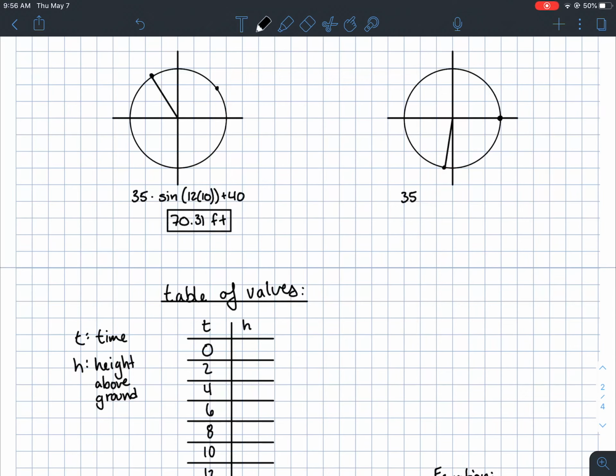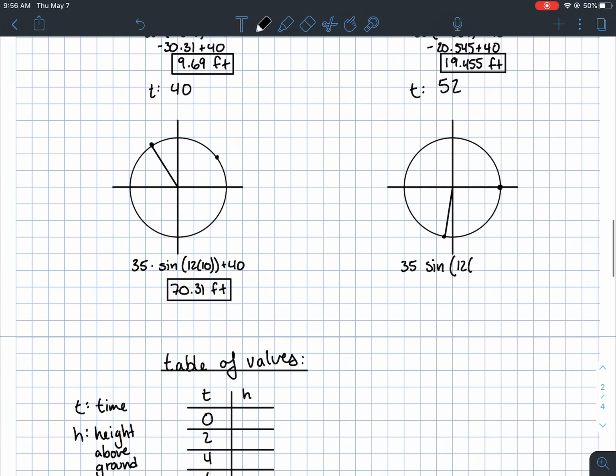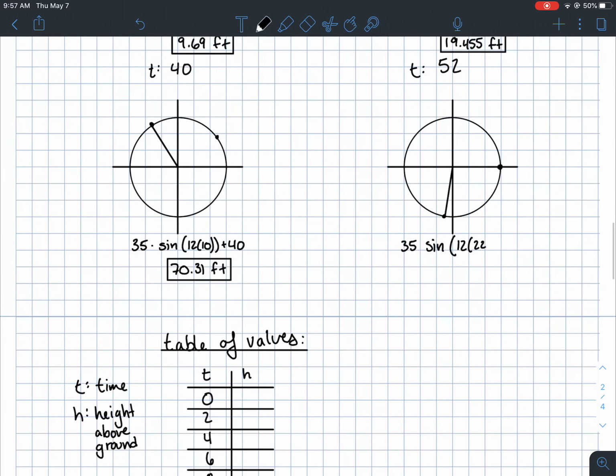So I just need to do my 35 sine. 12 is my angular speed, and I'm going to be at 22 seconds, plus 40. Okay, so if I do that, I get sine of 12 times 22, which is 264, is my angle.